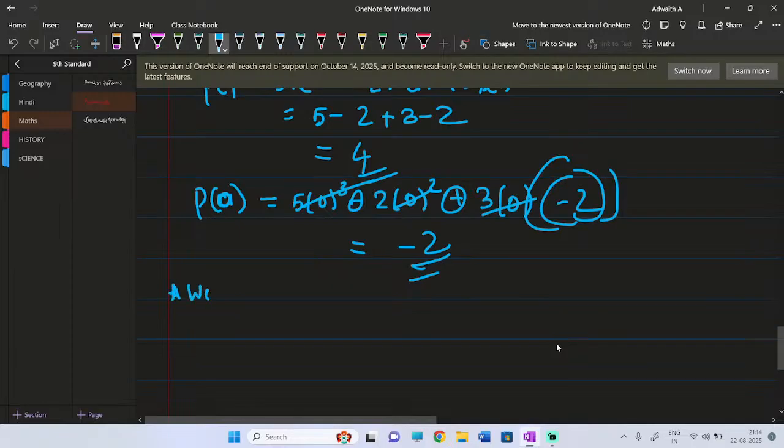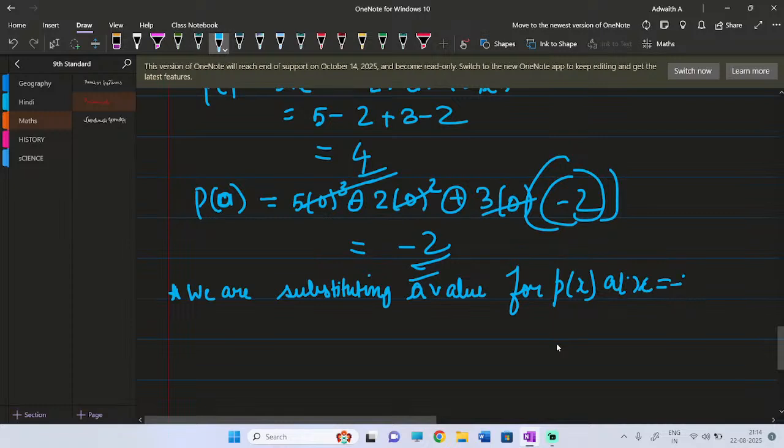I'm just giving you a note, this is not in the text: we are substituting a value for P of x at x equal to 0 and 1. If you want, you can just note this down. I'm not compelling you. Next, I'm going to try a different number which is not there in the text.